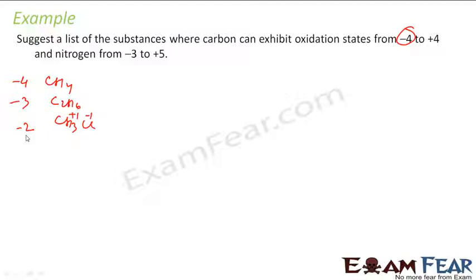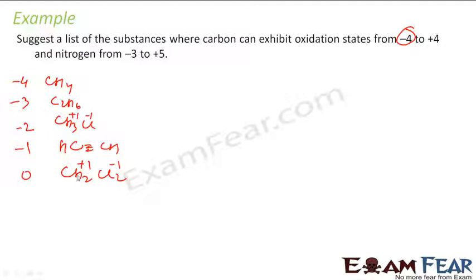Similarly, if you want minus 1, you can take a triple bond like this, CH triple bond CH. It will have minus 1. If you want 0, you can make it 2 hydrogen and 2 chlorine, so both of them cancel and carbon will be 0.